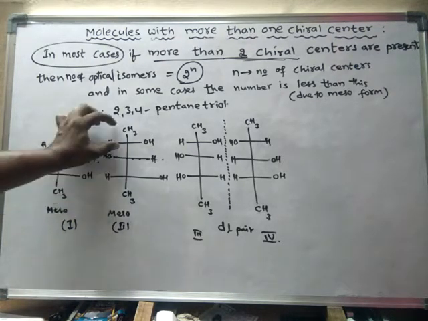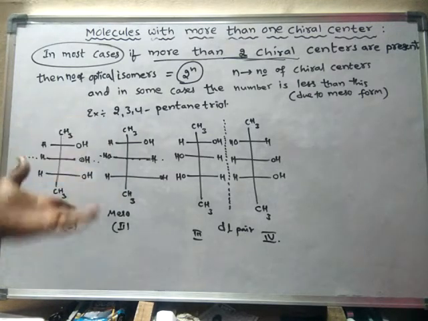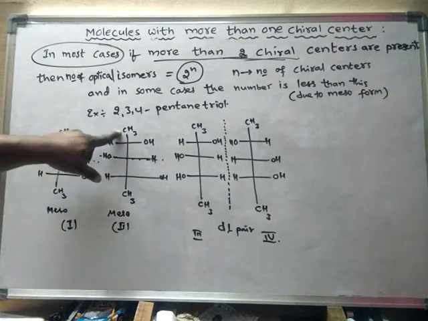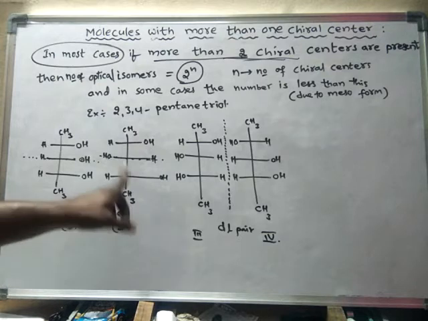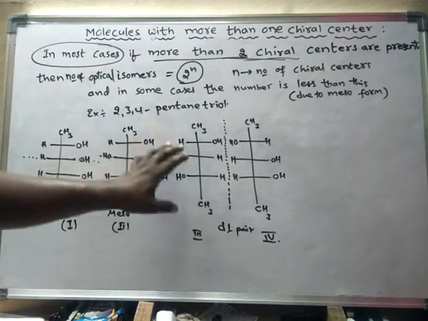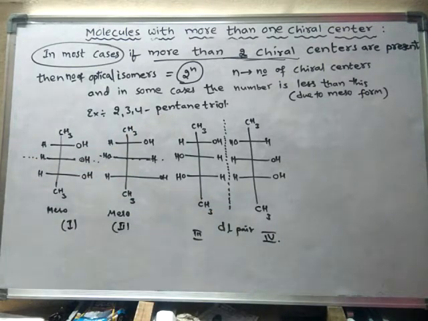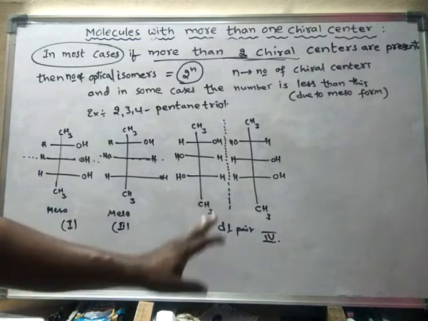This part is a mirror image of that part, so this part compensates the rotation of the other part. That means internal compensation takes place. Hence this is also optically inactive. This is also a meso form. Now with the same compound, two optical isomers are present. These two are optically active enantiomers, or DL pairs.